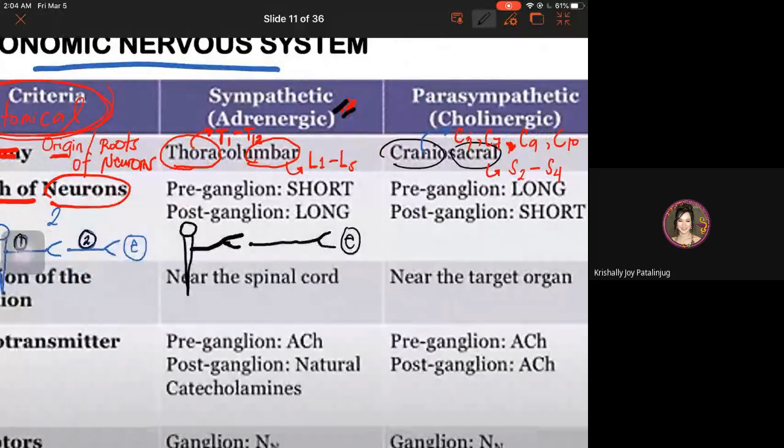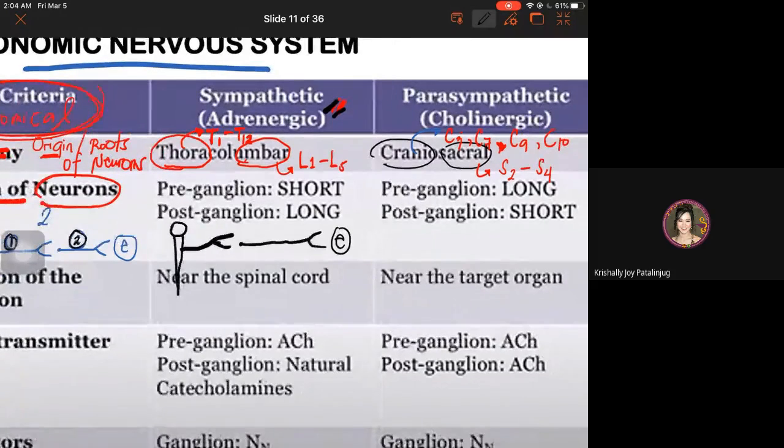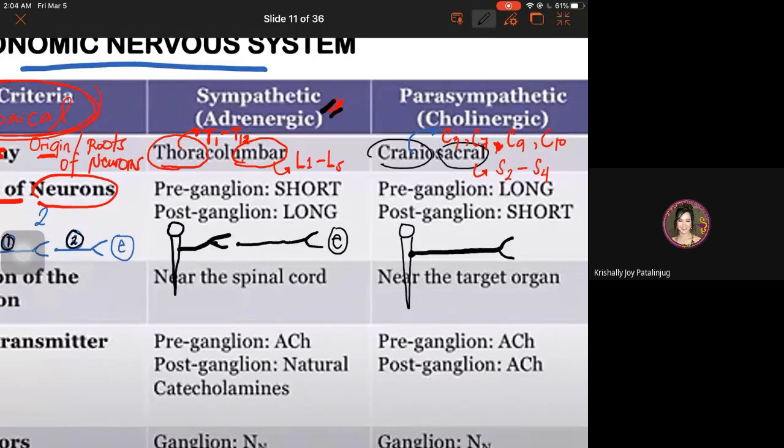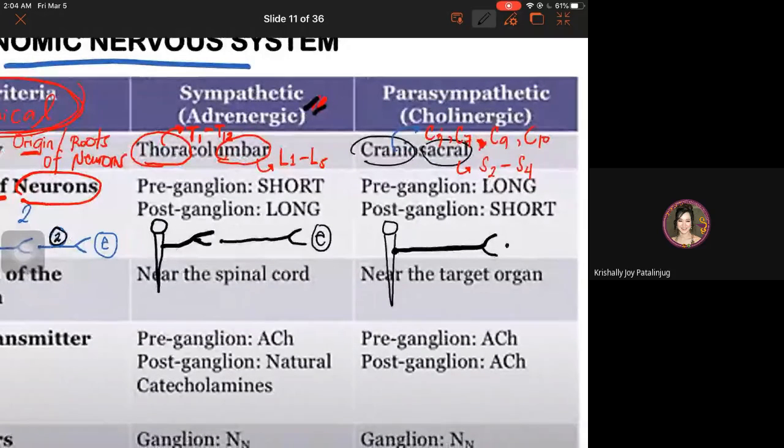Then for the parasympathetic or cholinergic neurons, if this is the brain ulit and the spinal cord, sabi dito, preganglion is long. So you have a long preganglion. Then you have a short postganglion. Alright? Yan yung length ng neurons.